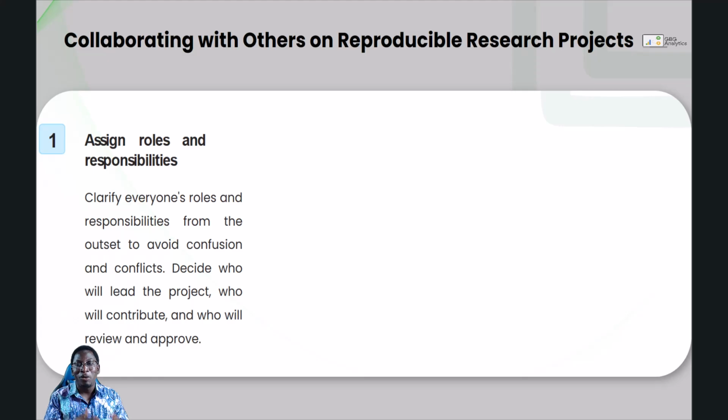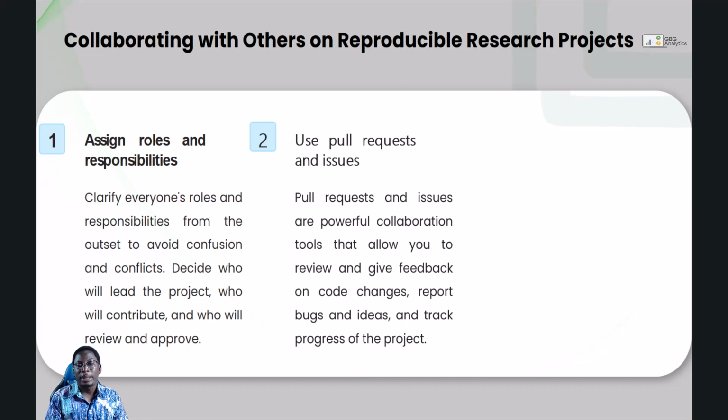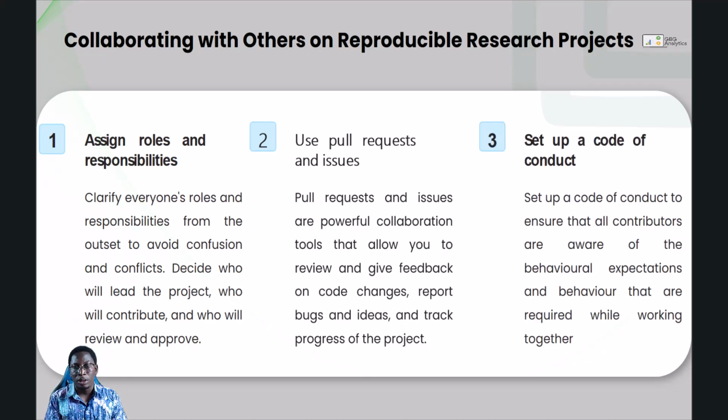You must decide who will lead the project, who will contribute, and who will review and approve the code. You use pull requests and issues to review and give feedback on code changes, report bugs and ideas, or track progress of the project. Then you must set up a code of conduct. Setting up a code of conduct ensures that all contributors are aware of the behavioral expectations that are required while working with others.